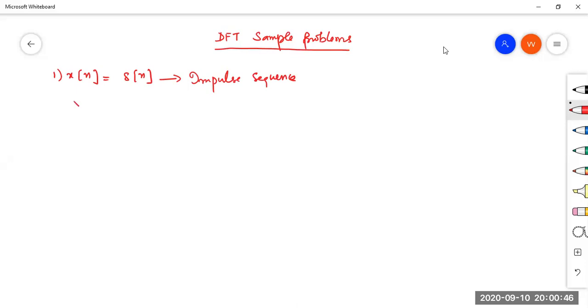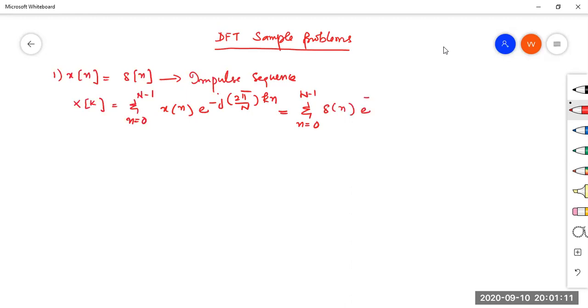It is found using this equation: X of k is equal to summation n equal to 0 to N minus 1 x of n e raised to minus j 2 pi by N k n. Now this is equal to summation n equal to 0 to N minus 1, instead of x of n you have del of n e raised to minus j 2 pi divided by N k n.